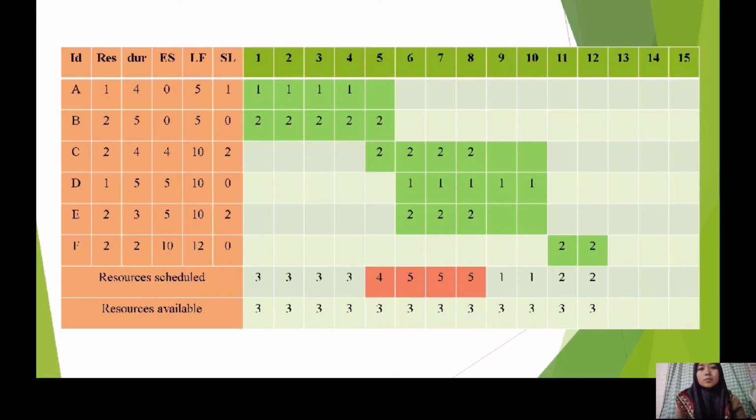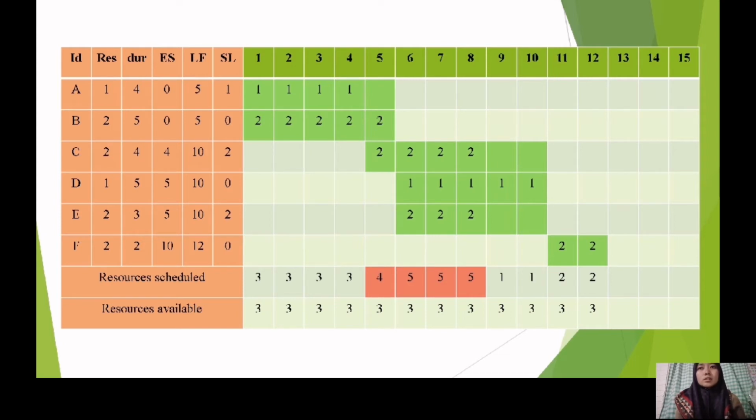For example, for activity A, we need 1 resource here. The resource here is the tractor, 1 tractor, and the duration needed for activity A is 4 days. Then for ES, early start, late finish, and slack, you fill them based on the CPM calculation before.